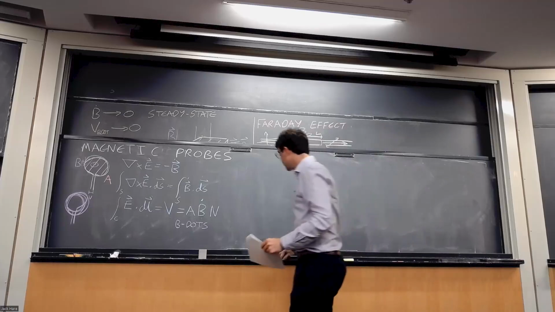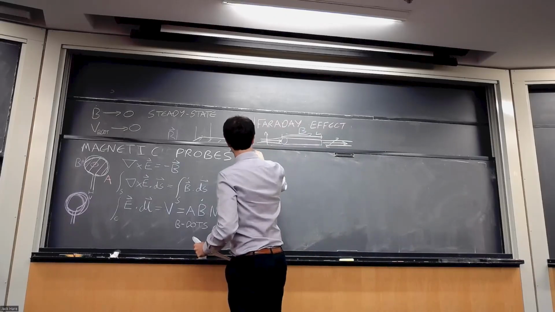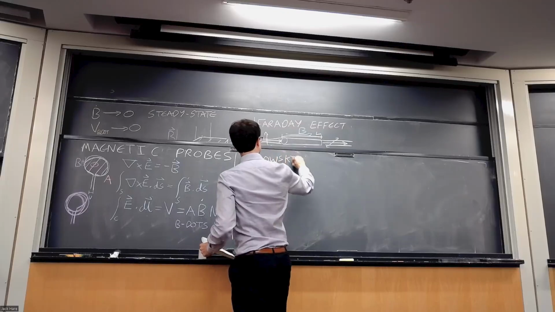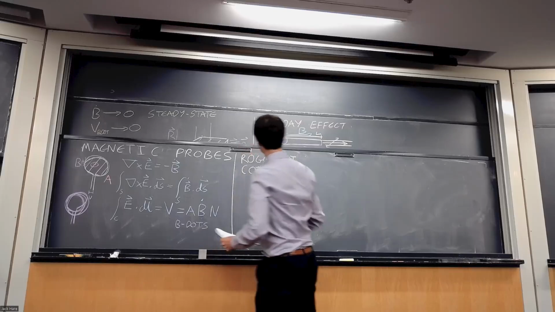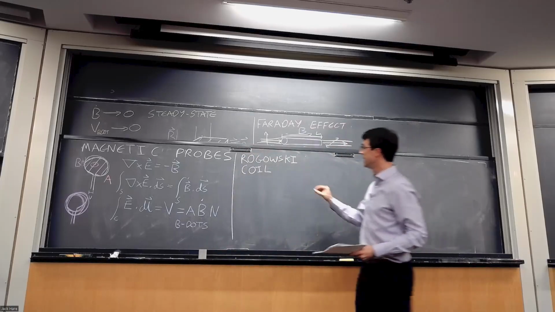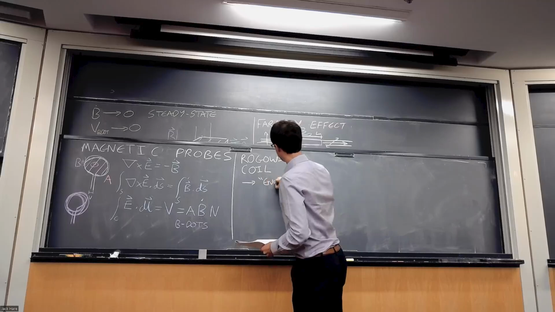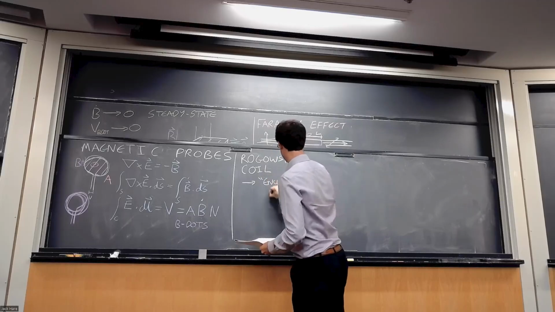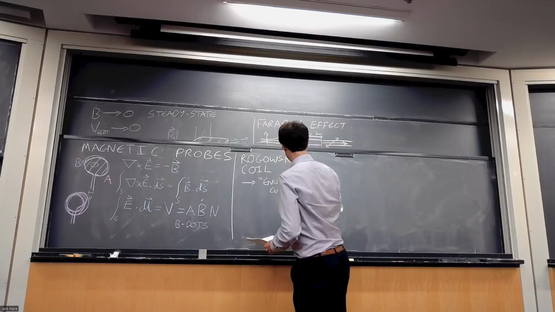So a related diagnostic, another firm favorite of mine, is something called a Rogowski coil, depending on what you think of W's. So a Rogowski coil measures the enclosed current. Enclosed by what, you ask? Enclosed by the coil. So I will draw one in a second, and you'll see what I'm talking about.